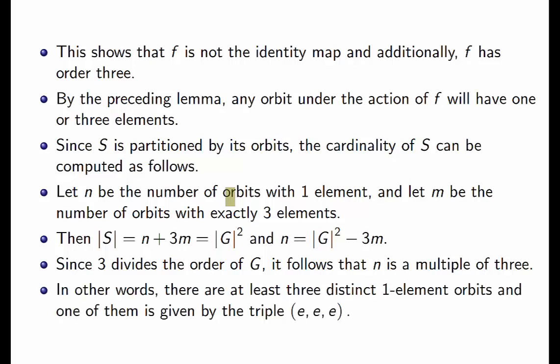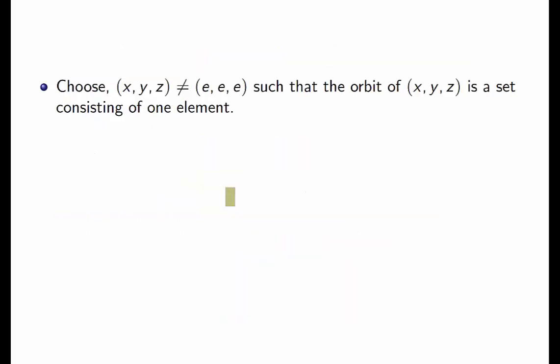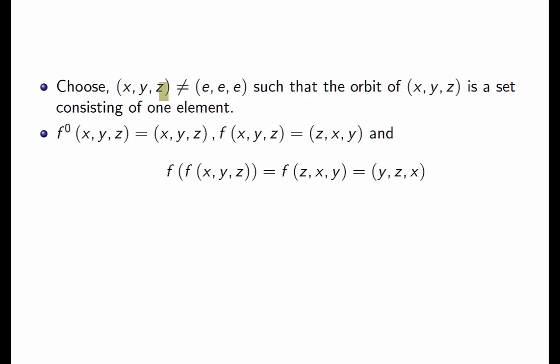Since 3 divides the order of G, it follows that n is a multiple of 3. In other words, there are at least 3 distinct 1-element orbits, and one of them is given by the triple (e, e, e). So we can find (x, y, z) not equal to the triple (e, e, e) such that the orbit of (x, y, z) is a set consisting of 1 element. Now let's look at the elements in the equivalence class of such an element.